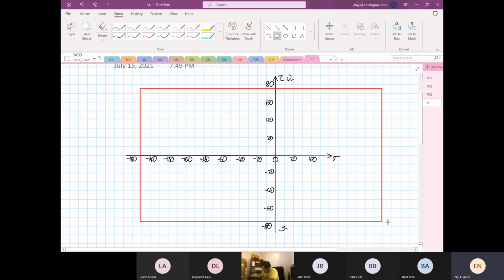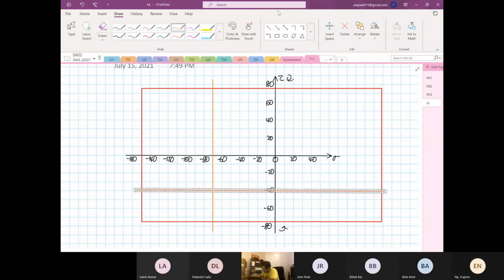Okay, I'm just going to ignore the left hand side. So now we have again our minus 70 line, and then we have our 40s, right?